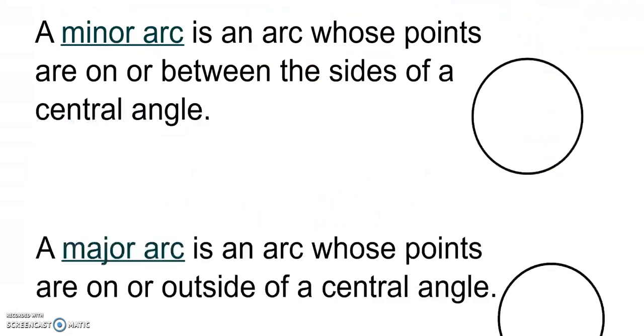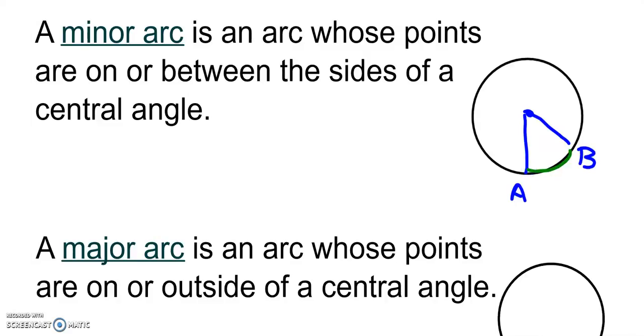Alright, next we have a minor arc, and this is an arc whose points are on or between the sides of a central angle. Okay, so that would look like this. We have our central angle right here, and we call this point A and this point B. The minor arc is going to be this arc right here.